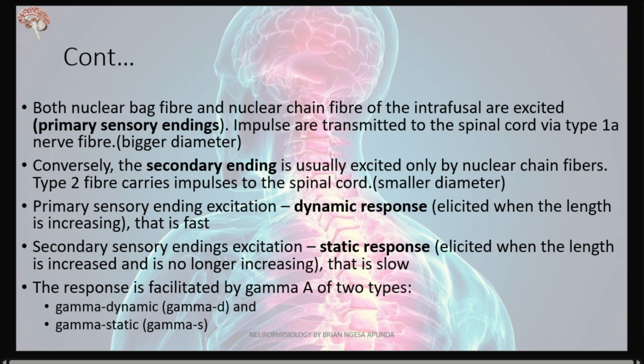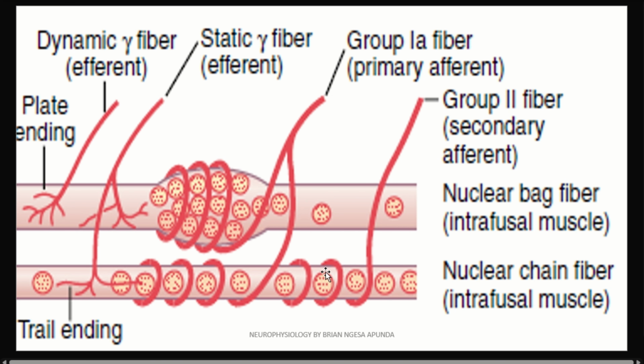And as you can see, the secondary has a much smaller diameter, while this one has a much bigger diameter. Anything bigger tells you that it is likely to propagate information in a much faster way.